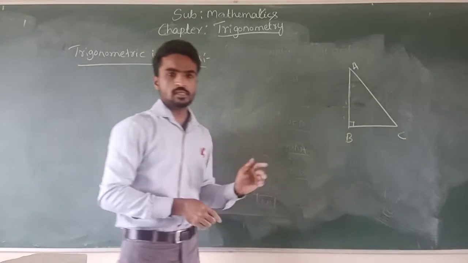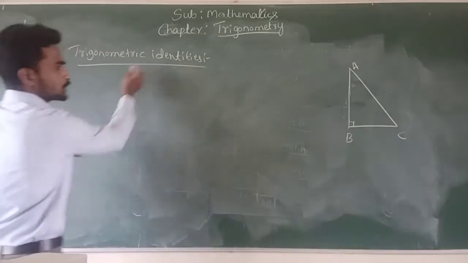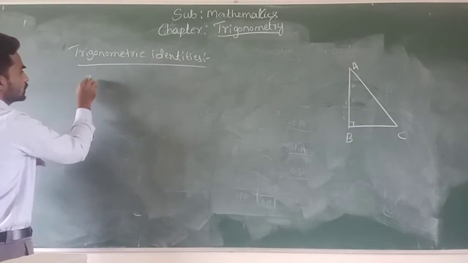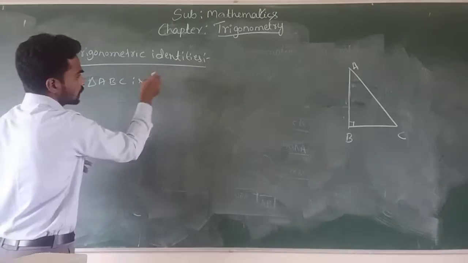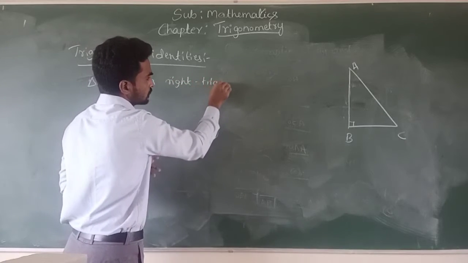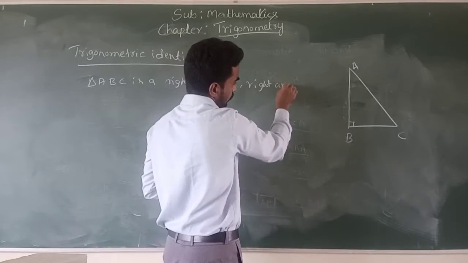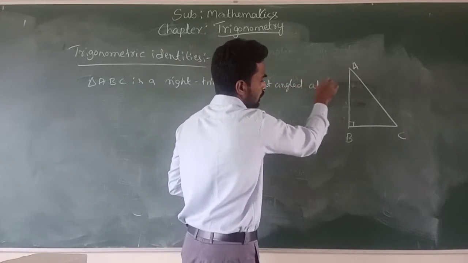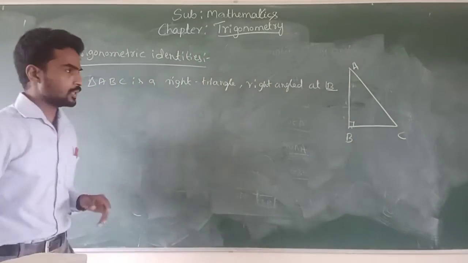Here B is the right angle. Triangle ABC is a right triangle, right angled at B.